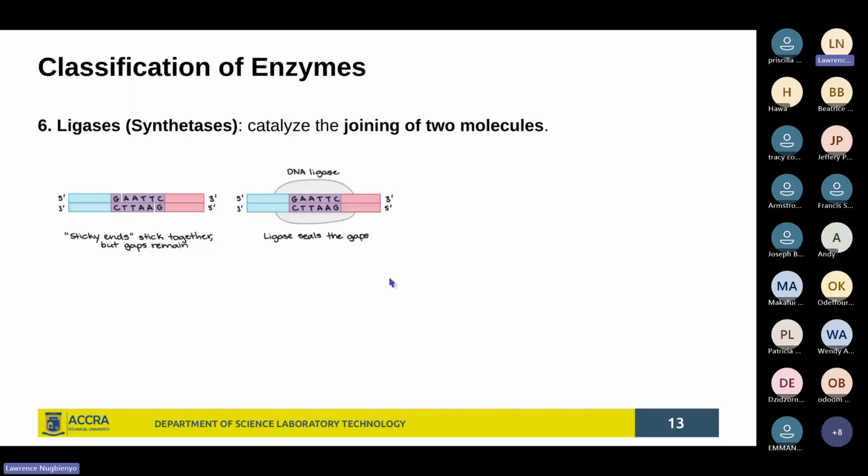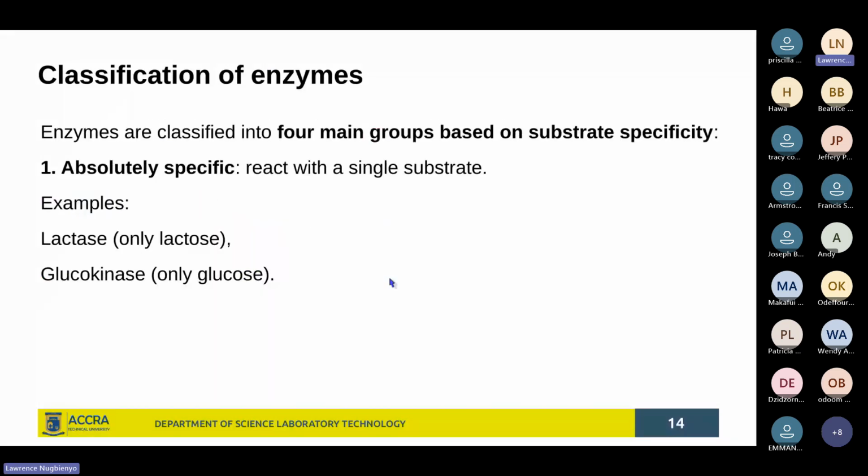Then we went ahead and looked at the classification of enzymes based on their specificity. So what we just finished looking at was that classification was based on the type of reactions that the enzymes catalyze. But now we're looking at the specificity of the enzymes, on what substrate specifically does the enzyme act on.